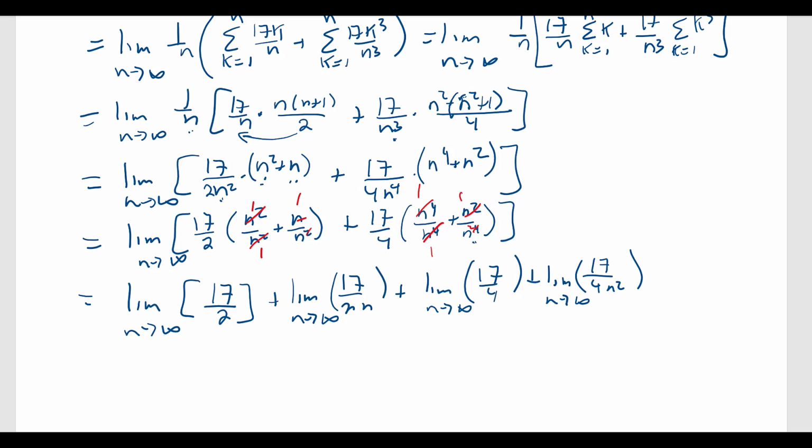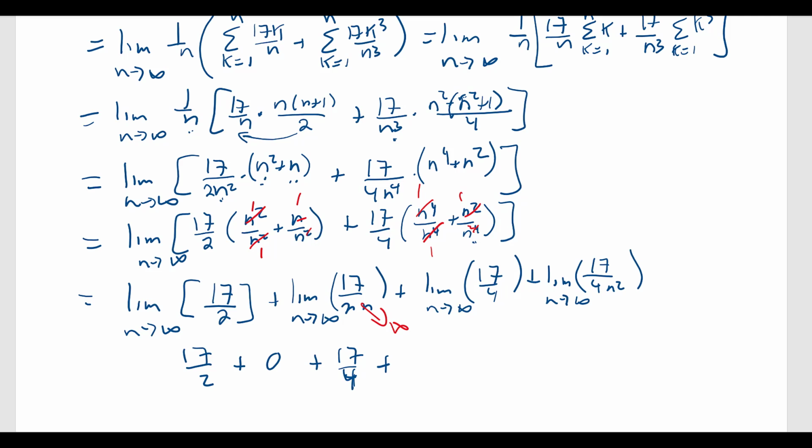Okay, so if we look at each of these, this first one, as n goes to infinity, 17 halves is not changed. In the second case, as n goes to infinity, this part in the denominator is going to infinity, so a constant over infinity is going to be 0, so plus 0. Then we have the limit of 17 fourths, which is just 17 fourths. And then we have the limit as n goes to infinity of 17 over 4n squared.